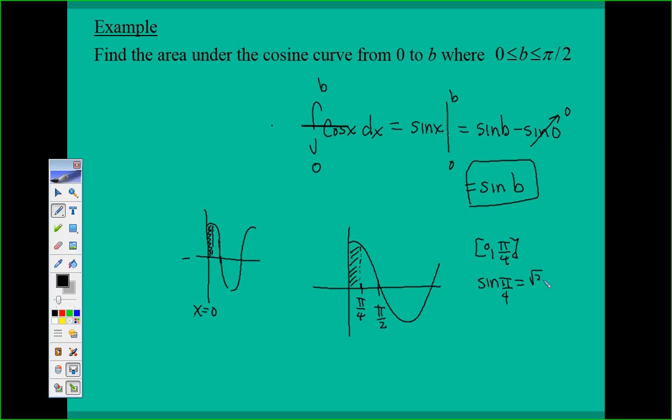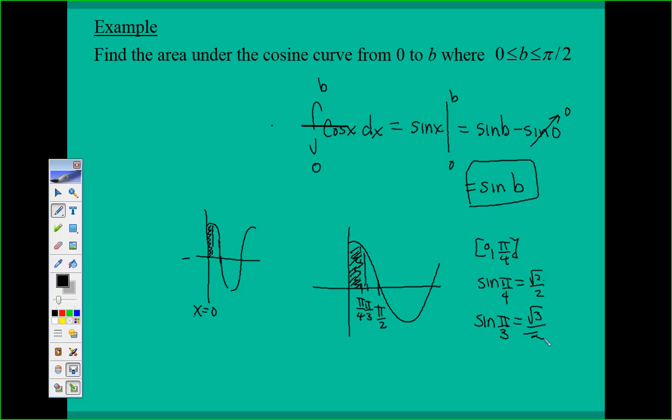That would be the square root of 2 over 2. There's the area under the curve. If we wanted to find the area under the curve up to pi by 3, we would plug in pi by 3 for b, and we would get the area under the curve is square root of 3 over 2.